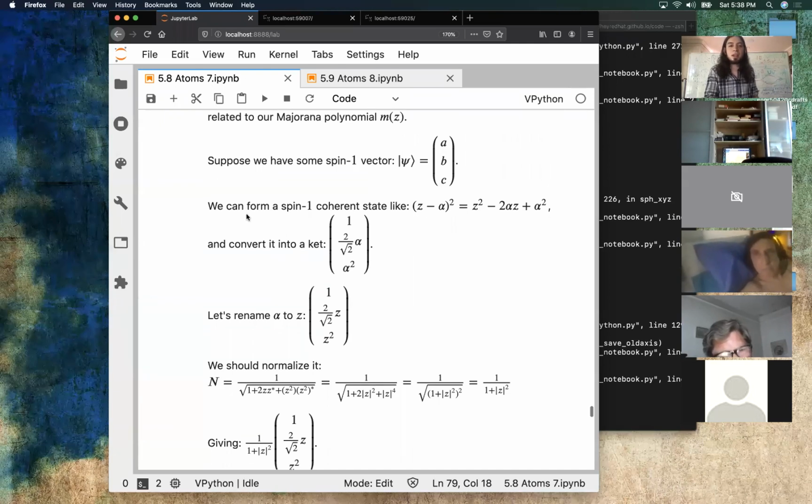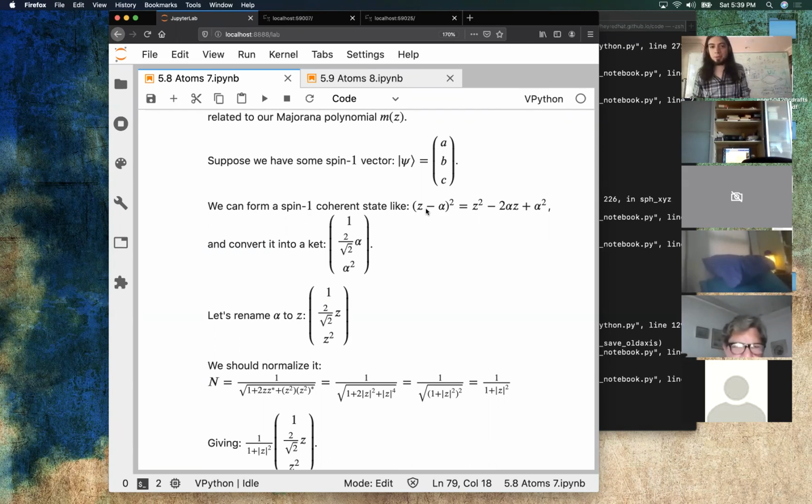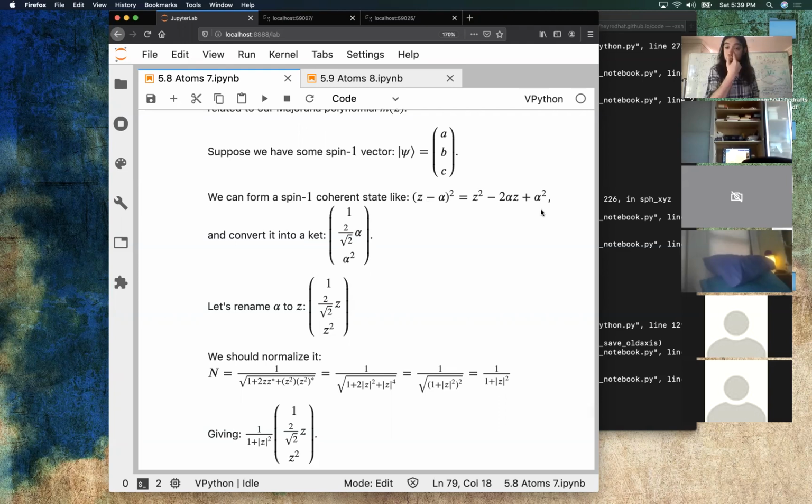We can also form a spin 1 coherent state where we have Z minus alpha, where alpha is just a point on the sphere, and we're not going to specify it because we want to consider all the spin coherent states. We want it to have degree 2 because it's a spin 1 state, so it has 2 stars. So we get this polynomial Z squared minus 2 alpha Z plus alpha squared.